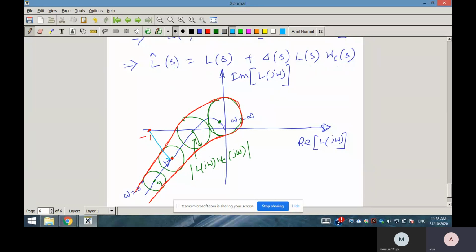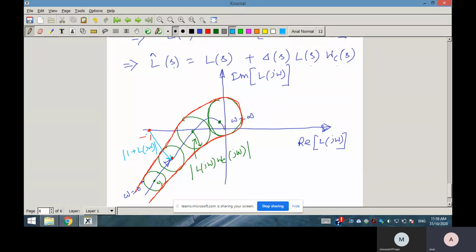This distance is mod of 1 plus L j omega. So this disc radius should be less than mod of 1 plus L j omega. Then only this plot will not touch the minus 1 point.